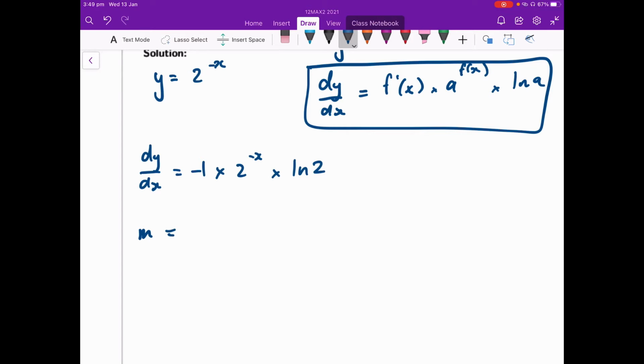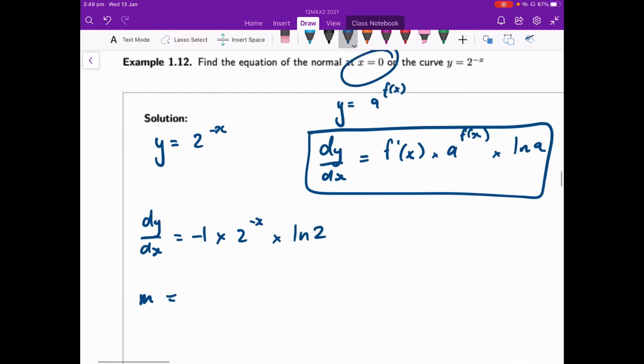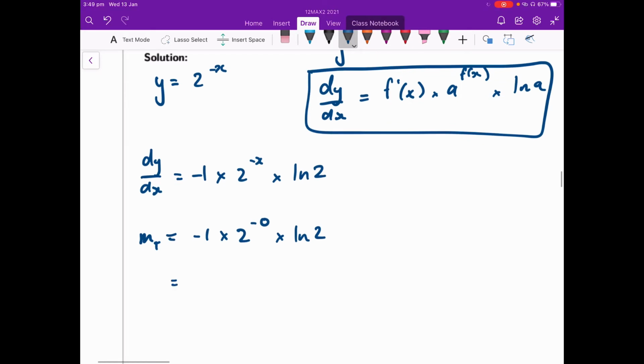If I sub in x equals 0, the gradient of the tangent is -1 times 2 to the minus 0 times ln 2.